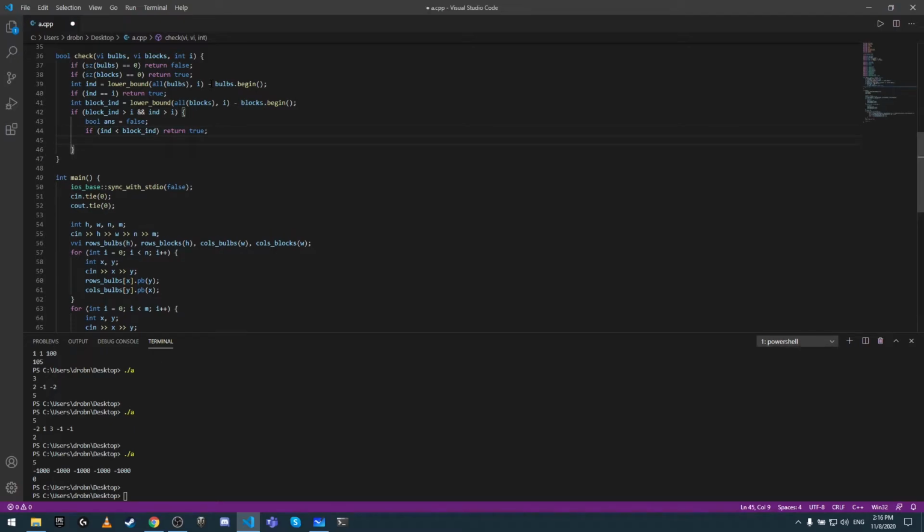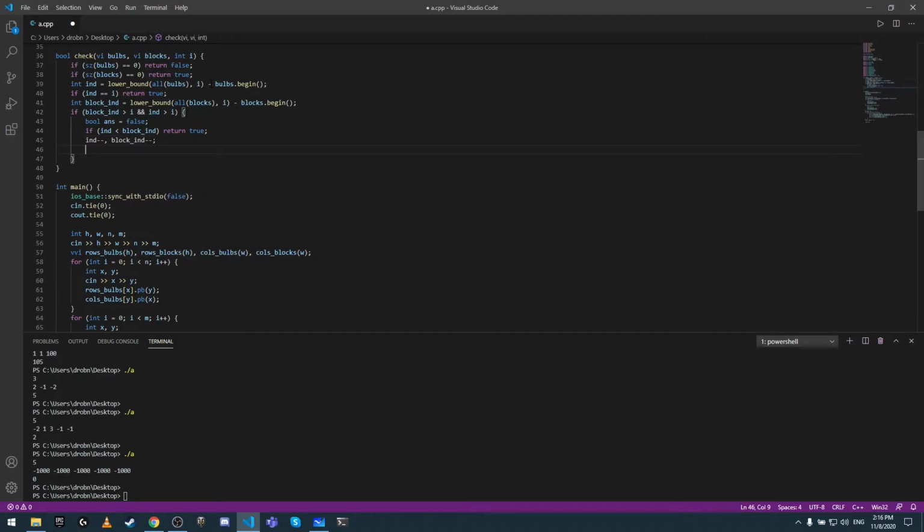And now index minus minus, block index minus minus. Now, so we decrement the indexes, what could happen? Well, there is no bulb. So if index is bigger than or equal to 0, sorry, I'm mumbling in my language. So if we have a bulb and index is, this time it has to be bigger than block index.